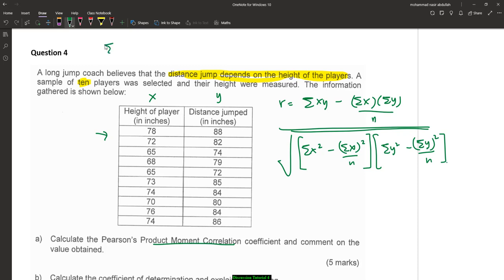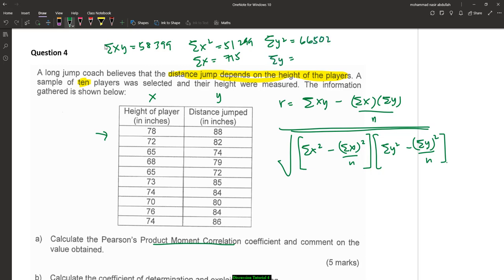So the summation of XY will be 58399. Summation of X squared would be 51299. Summation of X will be 715. Summation of Y squared will be 66502.